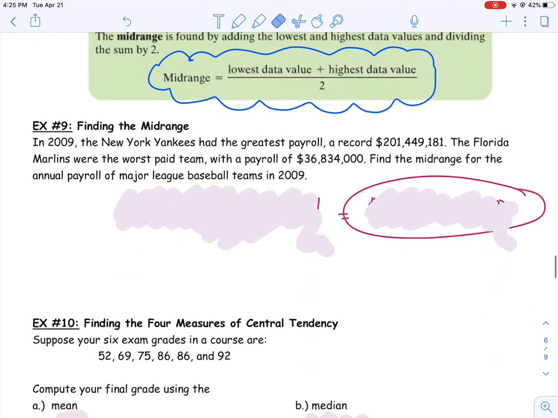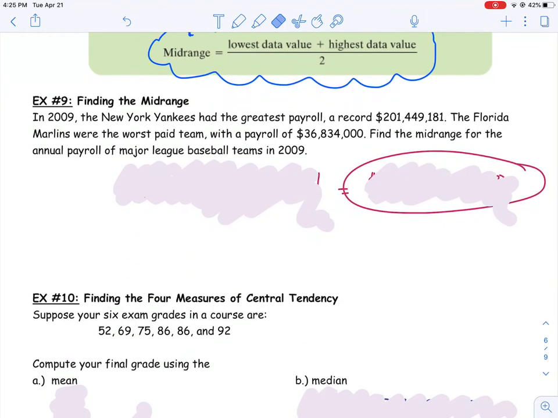Okay? So an example of that says in 2009, the New York Yankees had the greatest payroll, a record of $201,449,181. Whew. The Florida Marlins were the worst paid team with only $36,834,000.